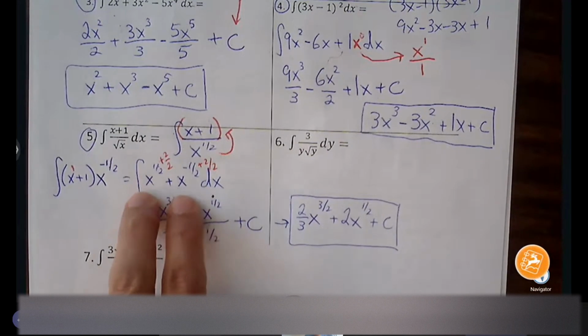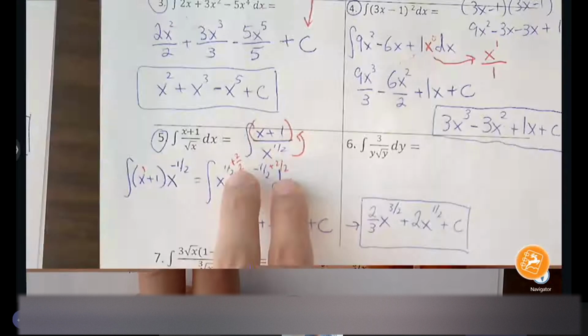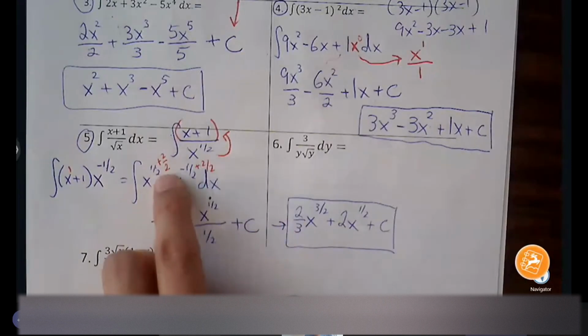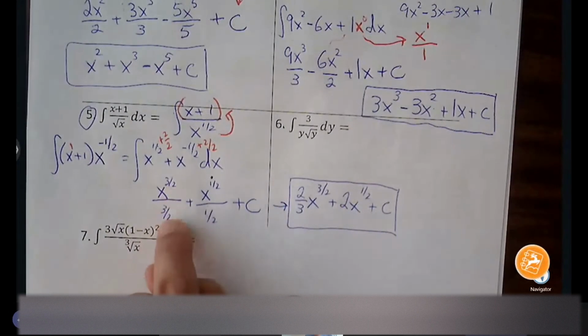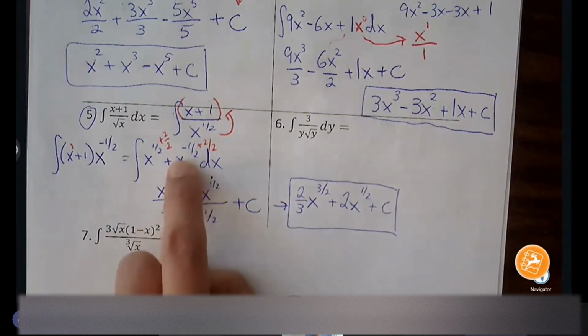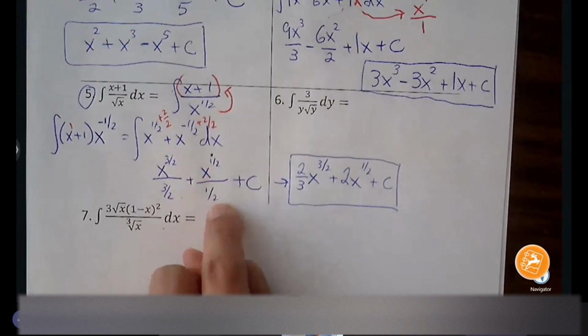And once we have our expression ready for power rule, then we apply power rule. We add 1 to the exponent, so 1/2 plus 2/2 is 3/2. Whatever exponent we have, we're going to copy that value below. Negative 1/2 plus 2/2 is 1/2. Copy that value below.